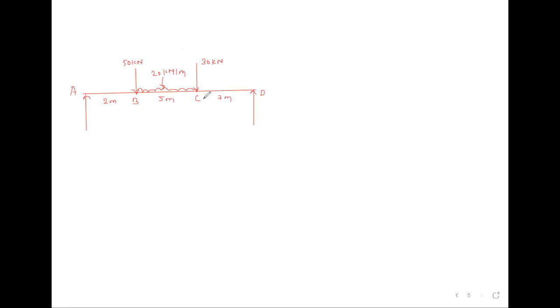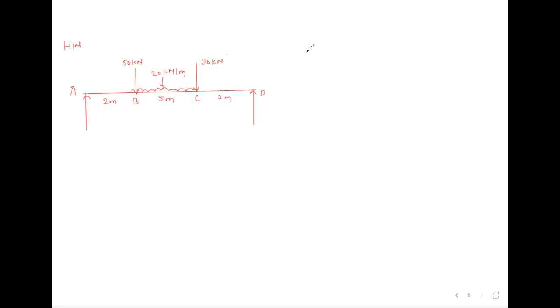Here AD beam is given. On that, 1 point load acts at B point, intensity is 50 kilonewton. After that, uniformly distributed load is applied in between B to C and intensity is 20 kilonewton per meter. And at C point, 1 point load is applied, intensity is 30 kilonewton. This is for homework. Okay.